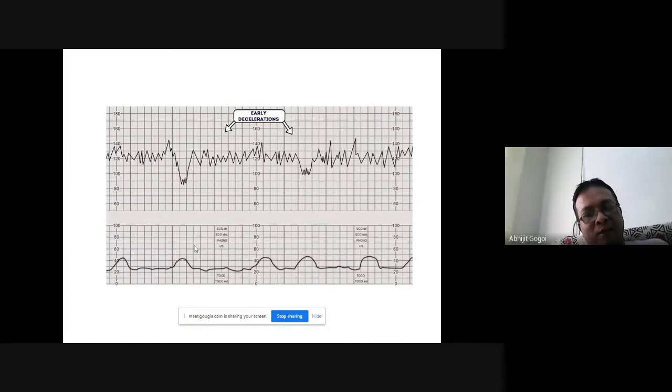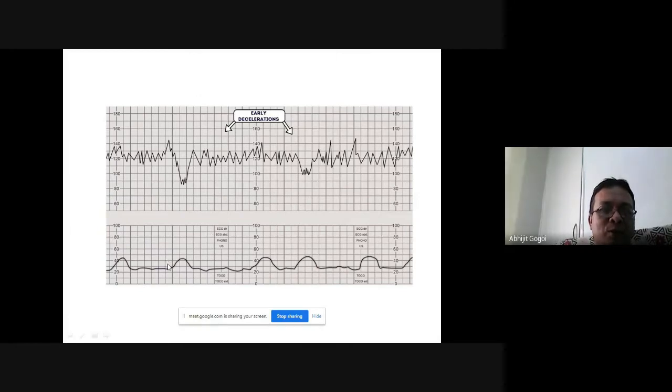So when the uterus contracts, the whole head is compressed by the uterine muscles, and then there is vagal stimulation. The vagus will be stimulated and it will cause the heart rate to go down. So this is quite normal when the uterus has contracted.